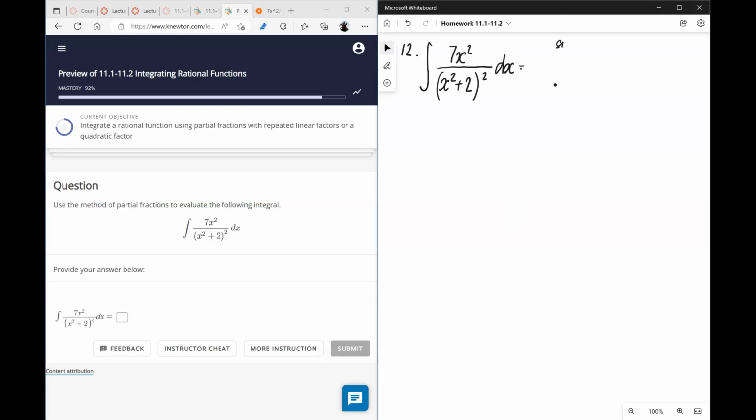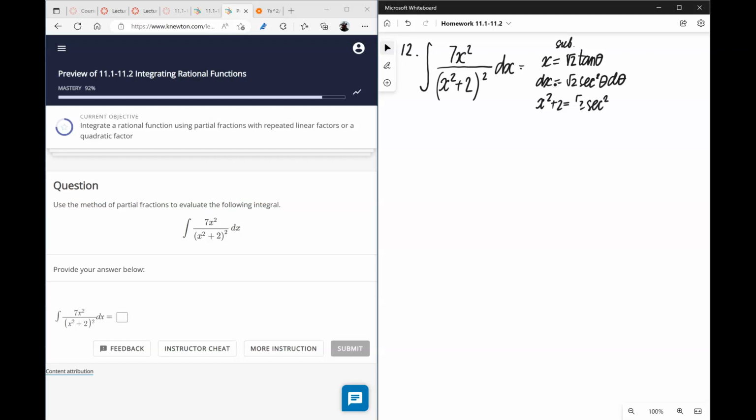So we're going to let x be square root of 2 tangent theta, so that dx is equal to square root of 2 secant squared theta d theta. X squared plus 2 will be square root of 2 secant.